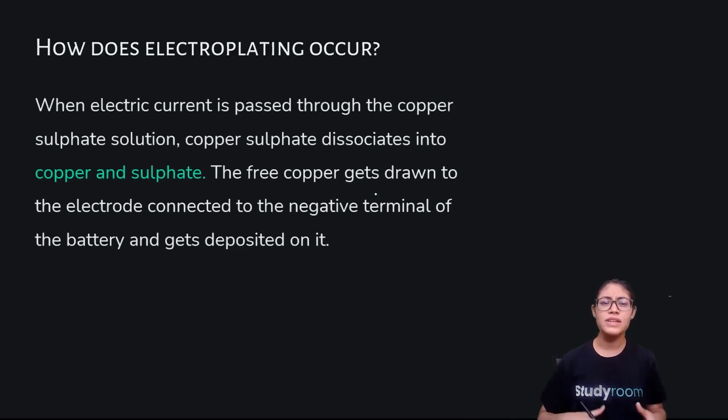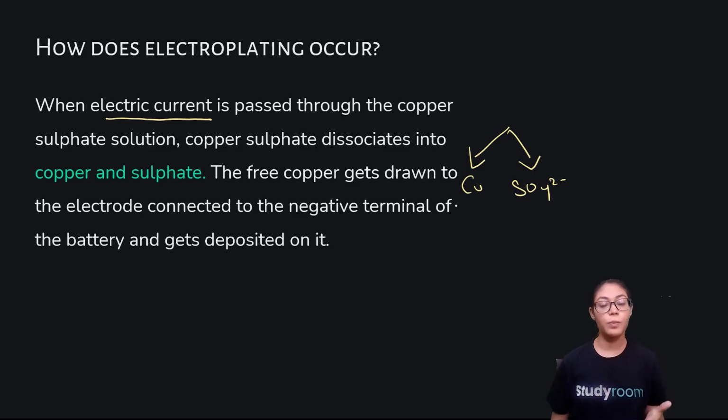Now, how exactly does this electroplating occur? We already saw what electroplating is, but let's see how it happens. What is the procedure for it? When the electric current passes through the copper sulfate solution, copper sulfate dissociates into two parts, that is copper and sulfate, right?